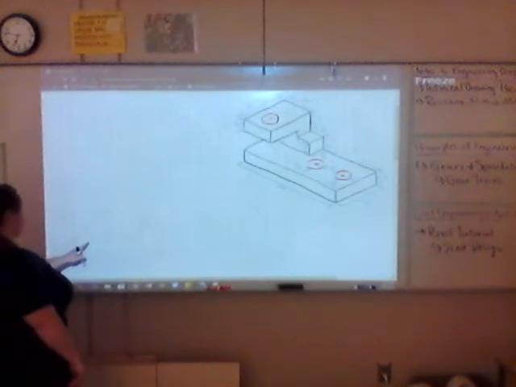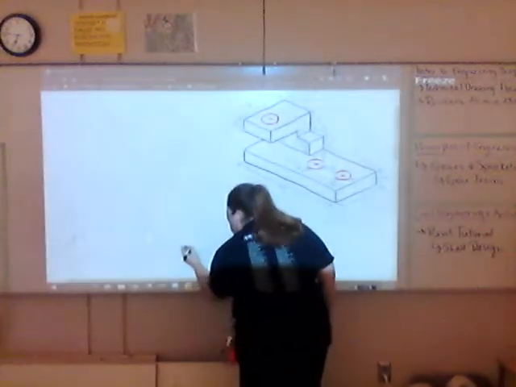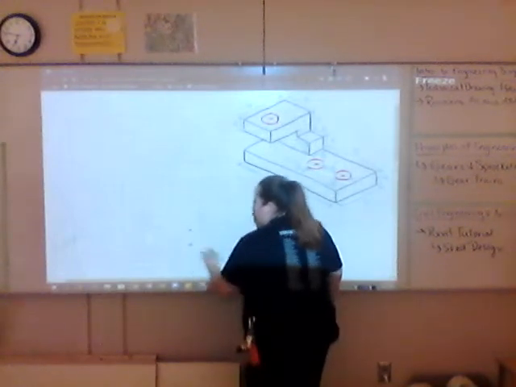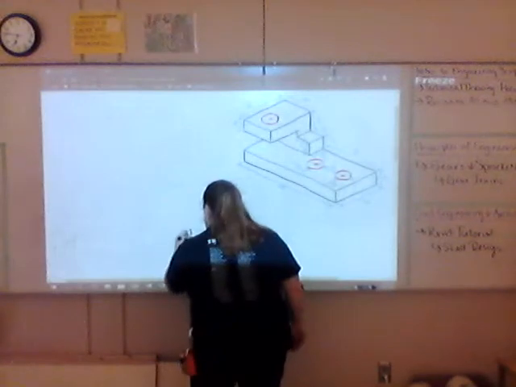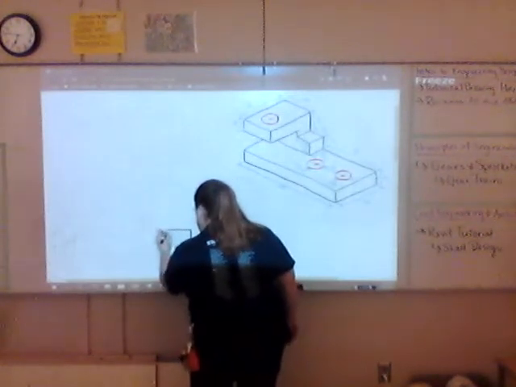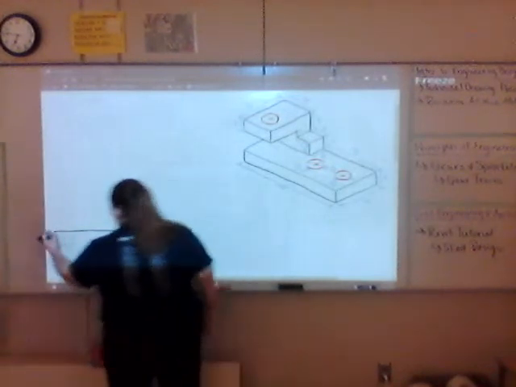So that's going to be 2, 4, 6, 8, 10, 12, 14. So right here, I know that I have to go up 2 on both ends. Okay, so we're looking at a 14 by 2 rectangle. So something that's long and skinny.